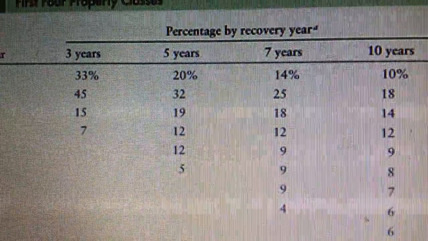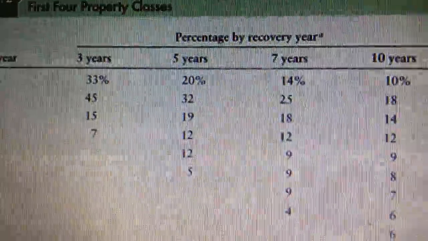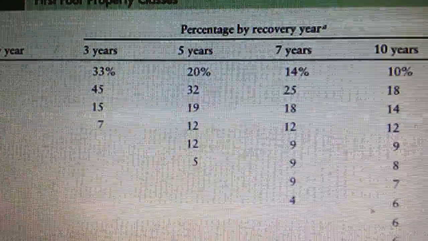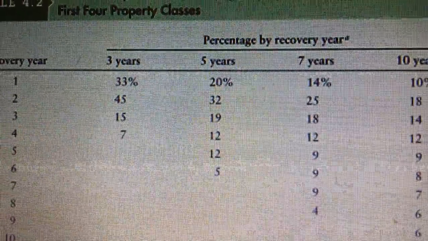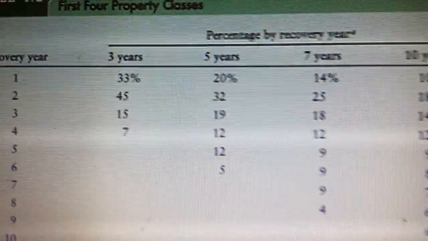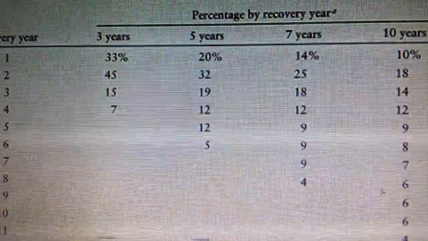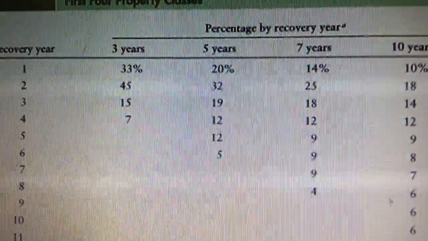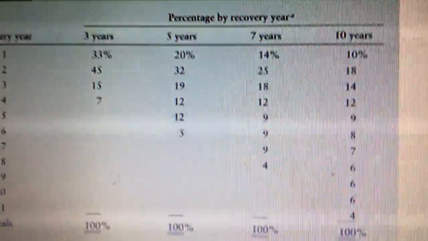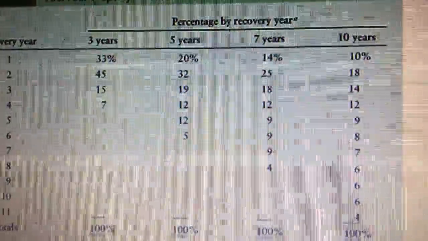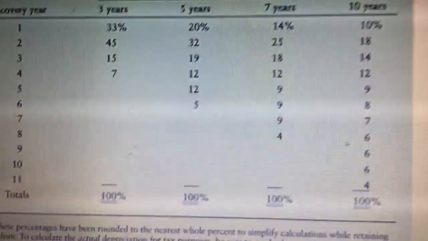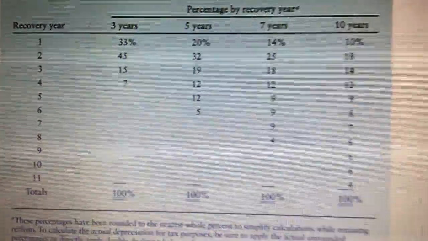Our equipment, our copier, will fall under 5-year. Notice we get to do 6 years. Okay, we start out with a modest amount, then we go to our largest amount in the 2nd year, and then it starts declining from there until the 6th year you get to take just a small portion. And that's the case all the way across. So they have to give you the rates, and I would have to give you the rates.